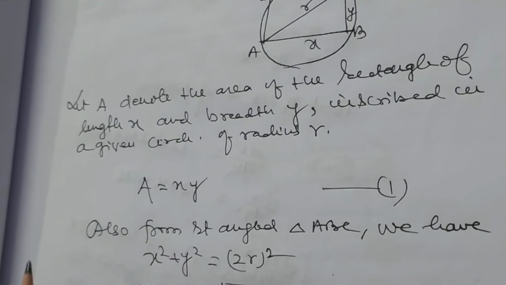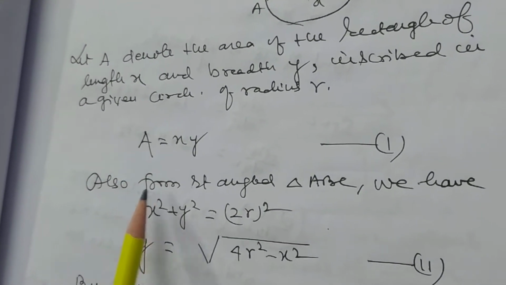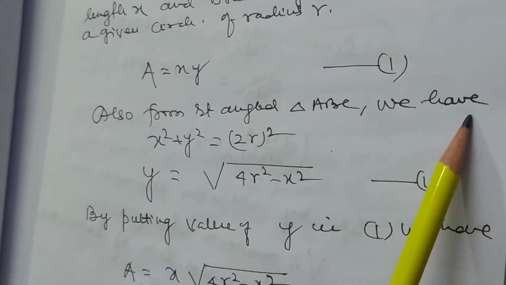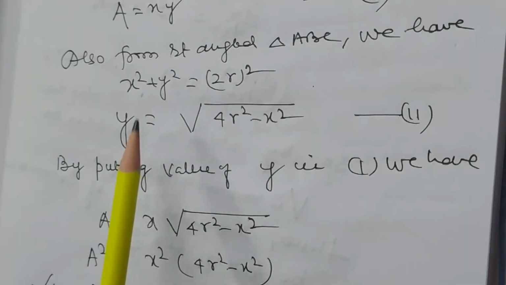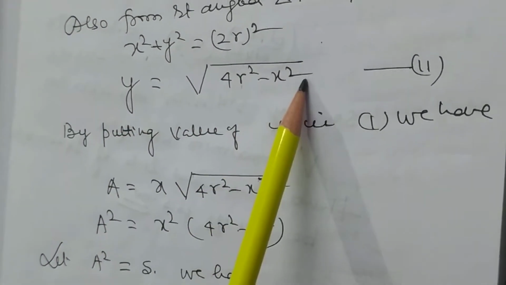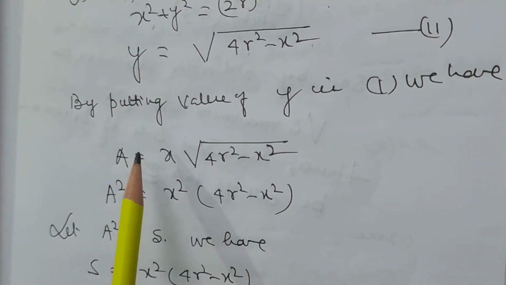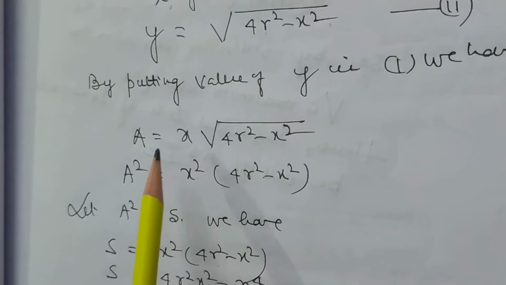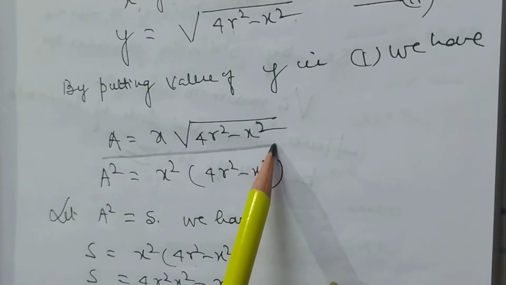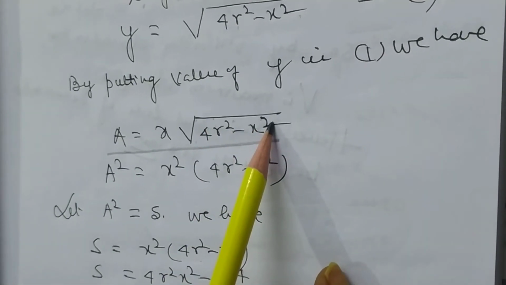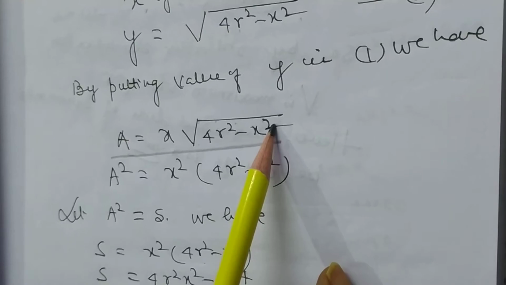A is equal to x into y. Also from right angle triangle ABC we have x square plus y square is equal to 4r square. So y is equal to root over 4r square minus x square. Putting the value of y in the first, we get area is equal to x into root over 4r square minus x square.